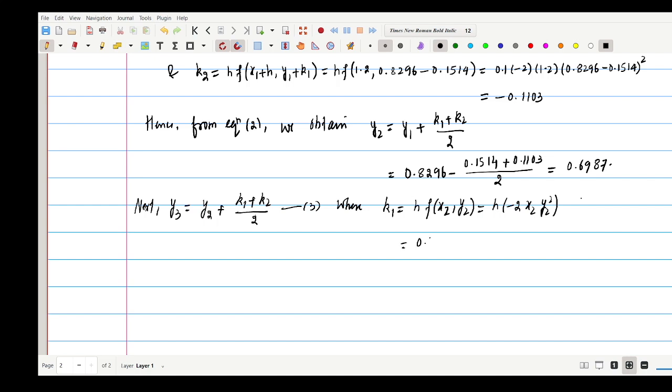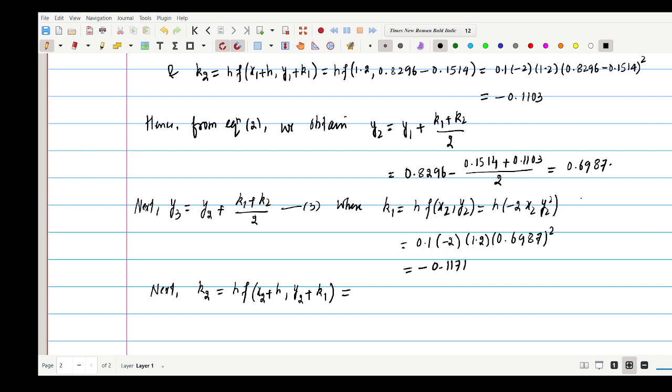So that is 0.1 into minus 2 into x2, that is 1.2, into y2, that is 0.6987 whole square. Next, similarly k2 is equal to h f of x2 plus h, y2 plus k1. So this is equal to minus 0.1171.